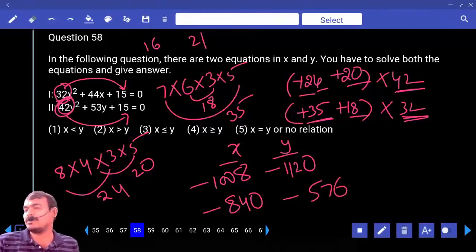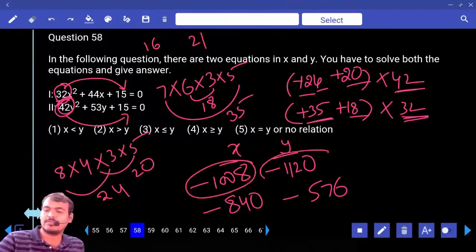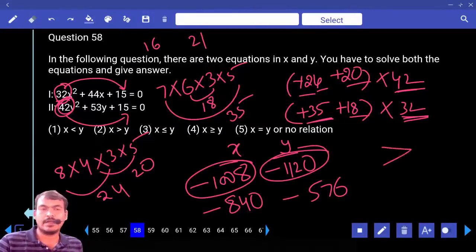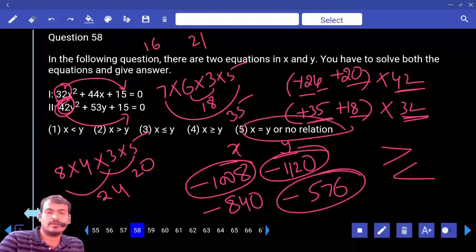If you don't know the 32 table, we already know the 18 table, or not? 18 times 30 is 540, 18 times 2 is 36. Minus 1008 compared to minus 1120 is greater. But minus 1008 compared to minus 576: less than or greater than? Less than. Then the relation can't be established.